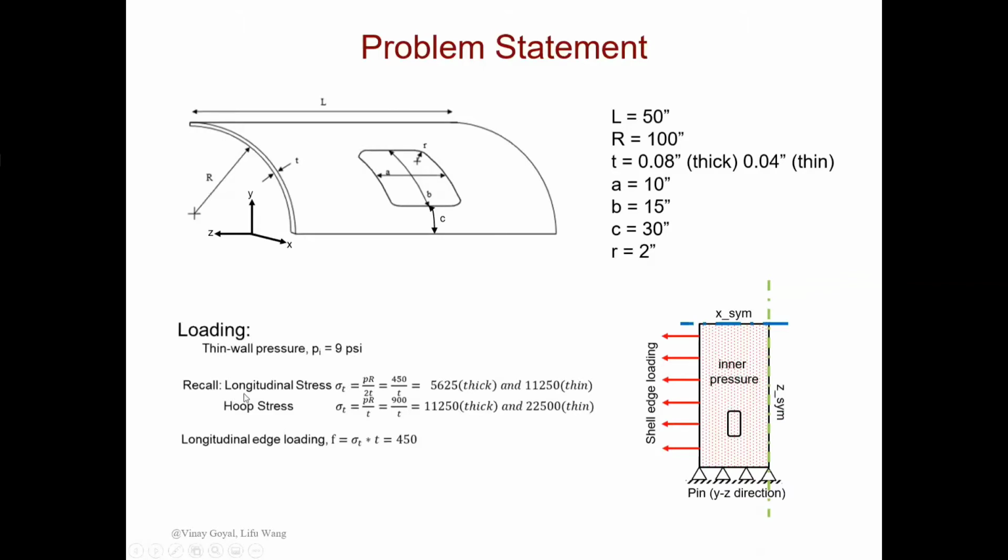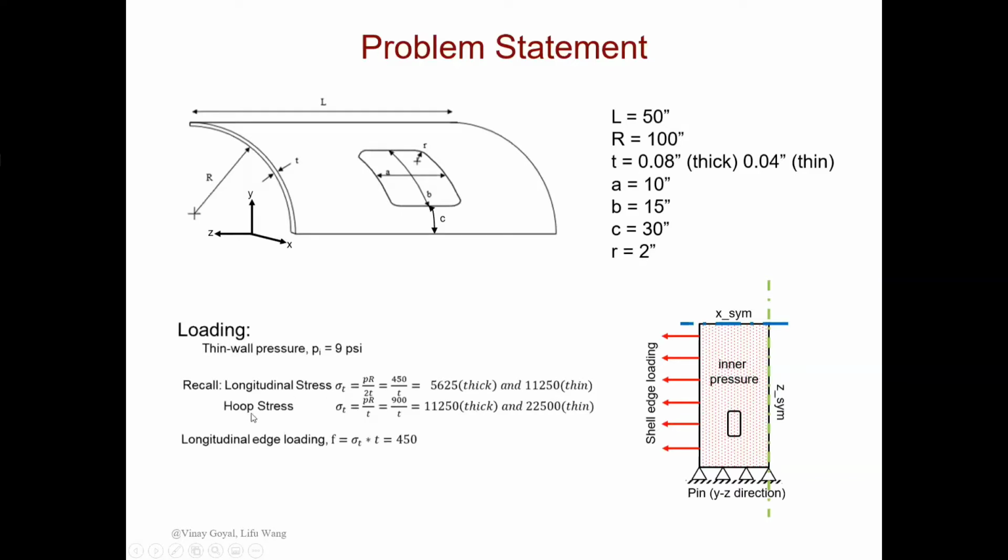For a closed-end cylinder, you should have a longitudinal stress of PR over 2T, which for our case is about 5625 psi for the thick plate, and about 11,000 for the thin plate.